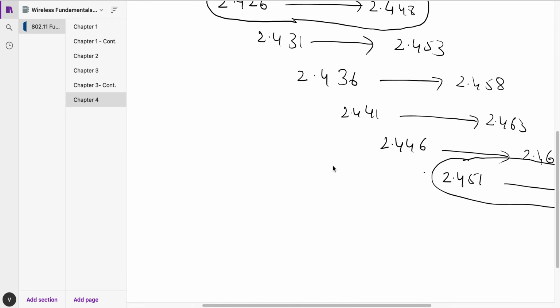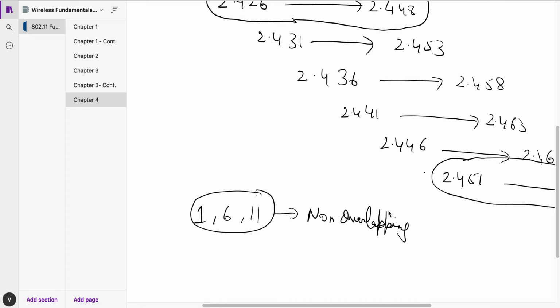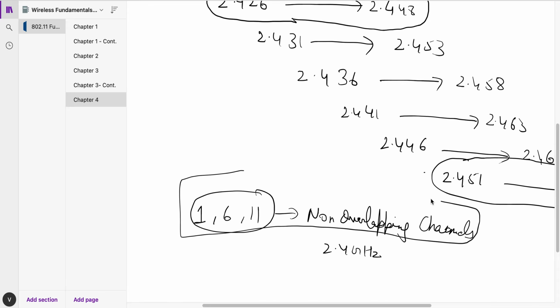That is why we say that channel number 1, 6, and 11 are non-overlapping channels in 2.4 gigahertz spectrum. That is the reason why we say this.